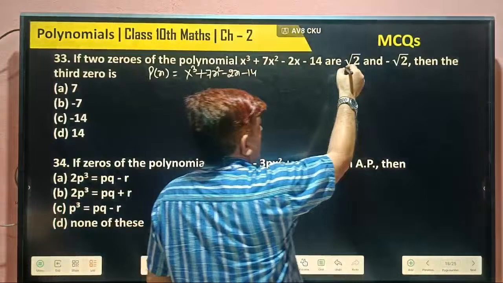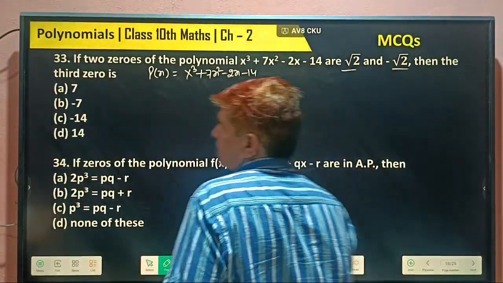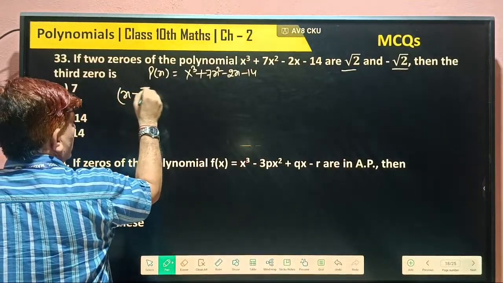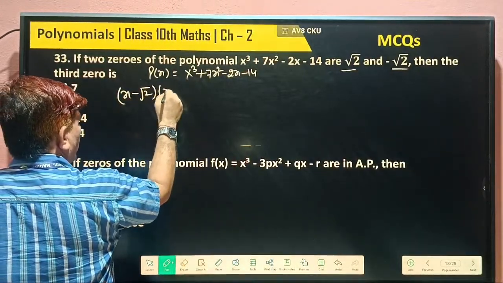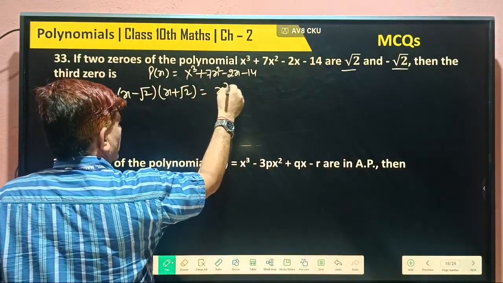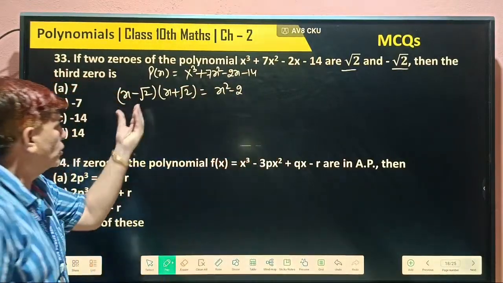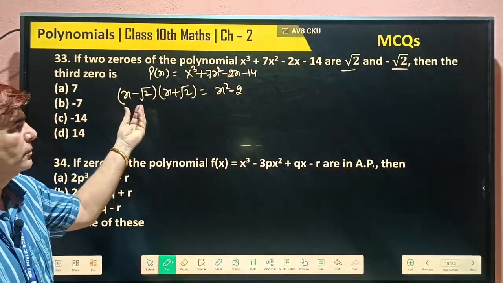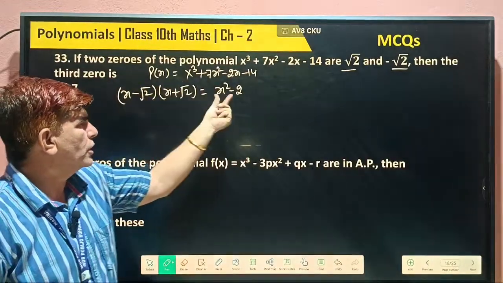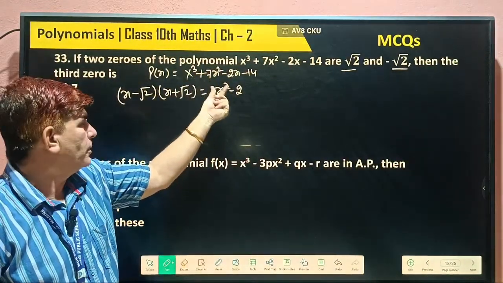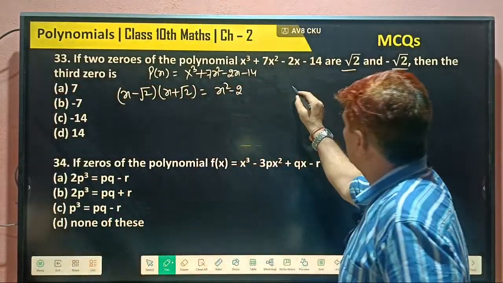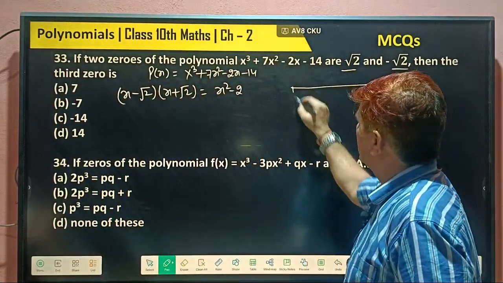One zero is plus root 2, the other zero is minus root 2. So its roots are x equals plus and minus root 2, so the factor is x square minus 2. If these are its zeros, then this is a factor of it, and if it is a factor, it divides the polynomial completely. So write this here.